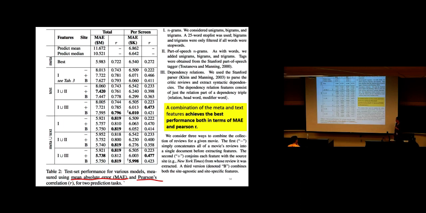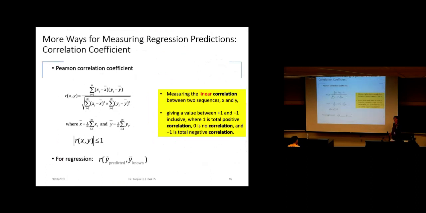All right, so the Pearson correlation, I'm going to explain later, but this is the equation. Hopefully you learned it in your probability 1 or statistics 1. I'm not going to repeat it. In the regression case, you're going to calculate the Pearson correlation of the predicted y versus the true y.